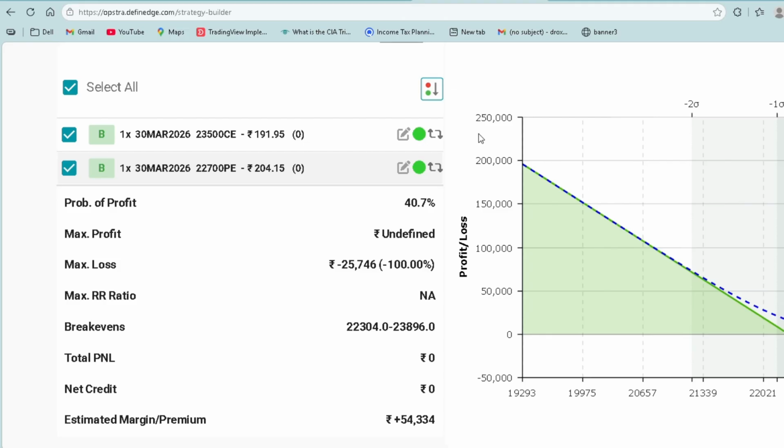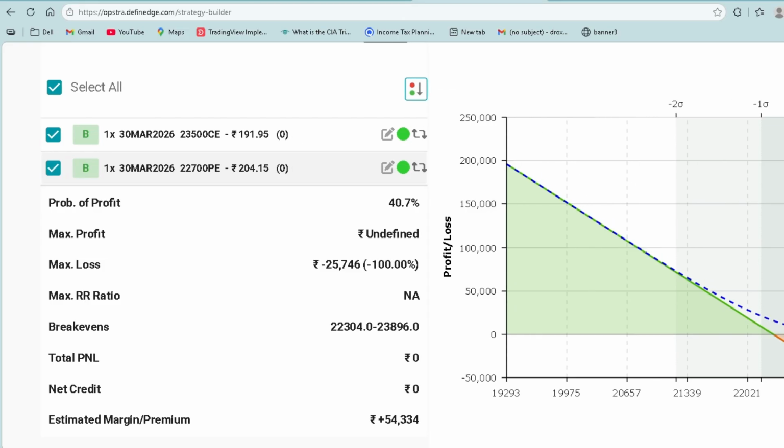So market is at 23,134.65. So in order to create this strategy, one buy 23,500 call, that is above current market price, and one buy 20,700 PE, that is below current market price.